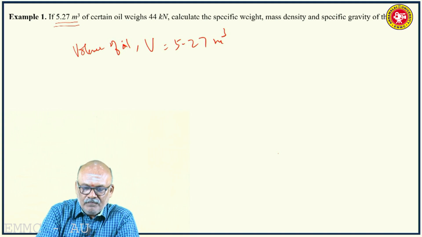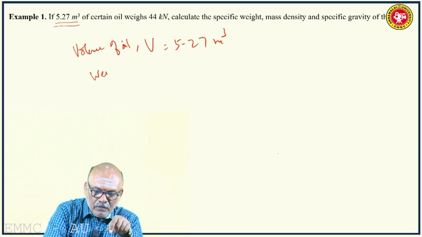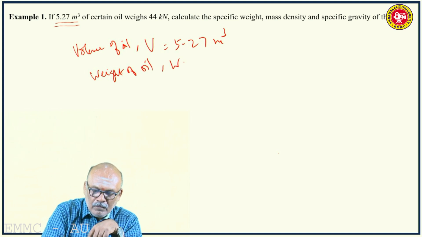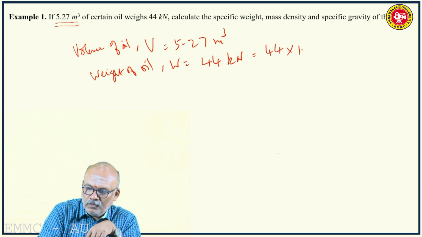It weighs, that is the weight of oil, 44 kilonewton. Let us express it in newtons: 44 into 10 power 3 newton, because 1 kilonewton is 1000 newtons.